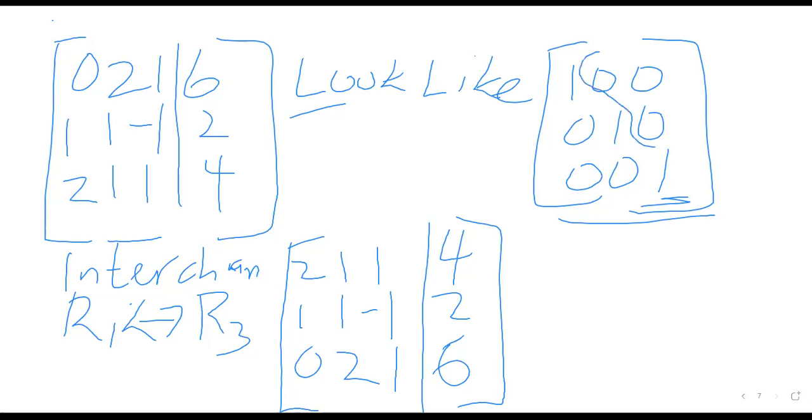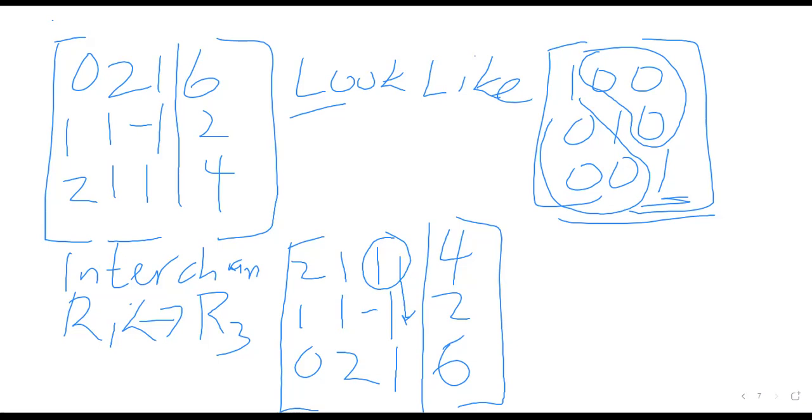Change these zeros, and working for the ones will be easy. If I want to change this to 0, I need to add this one to this one. This is negative, this is positive, so 1 plus -1 gives me 0.